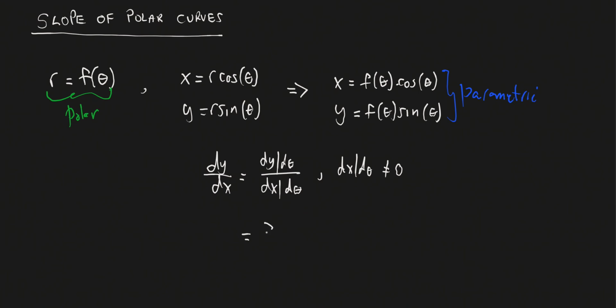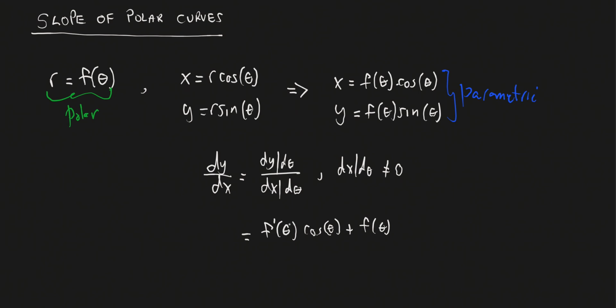So I express the product rule like this. It's the derivative of the first, which is our f of theta, so its derivative is f prime of theta multiplied by the second, plus the first times the derivative of the second. Actually, what I'm writing down, I'm looking at the x equation.